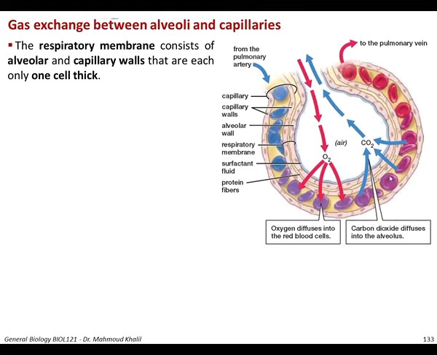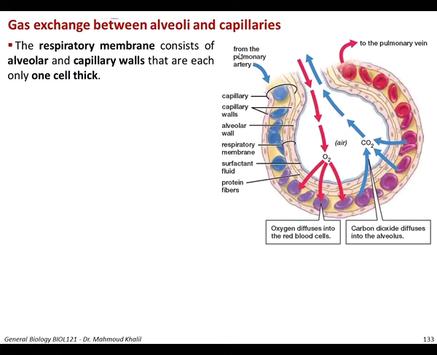You can see the capillary walls are very narrow. As we said in the last lecture, the capillary wall has the thickness of a red blood cell. And if you remember, this enables the slow movement of the blood in the capillaries and gives enough time for the process of gas exchange.